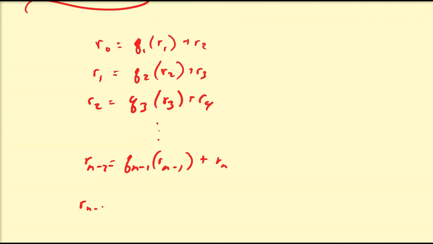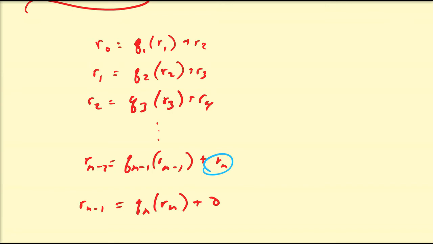And then we have Rn minus 1 is equal to Qn Rn plus 0, right? So Rn is the last non-zero remainder of that sequence. And we know that number n does exist because we have a bounded sequence of integers that is bounded above and bounded below. So we know this n definitely does exist, right?